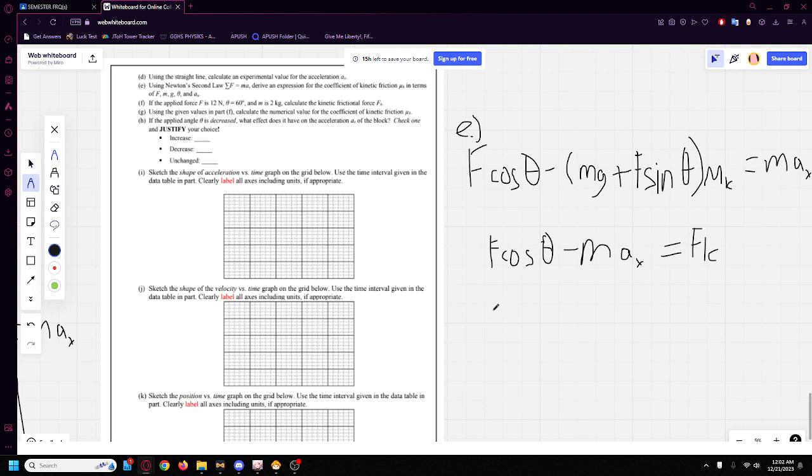So you plug in the numbers, so it'll be 12 cosine 60 minus 2 times ax. Ax is 1.8. That's equal to Fk. You plug that into your calculator.